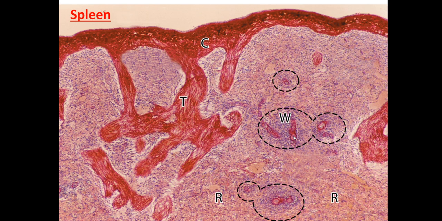The main histological feature in the spleen is the central arteriole. This is the central arteriole, located in the marginal zone of the lymphatic nodule, which represents the white pulp. The white pulp is embedded in the red pulp, represented by the splenic cord and splenic sinuses.